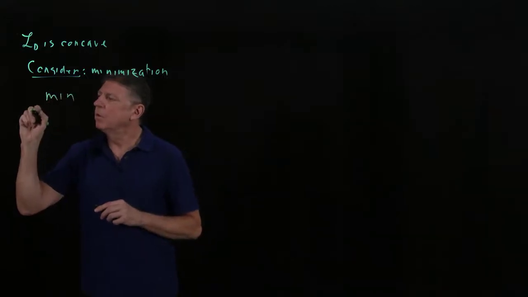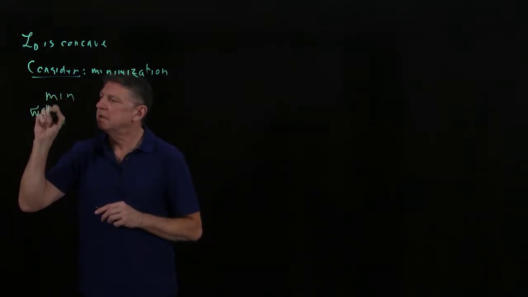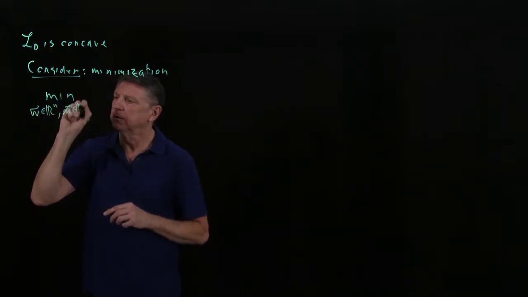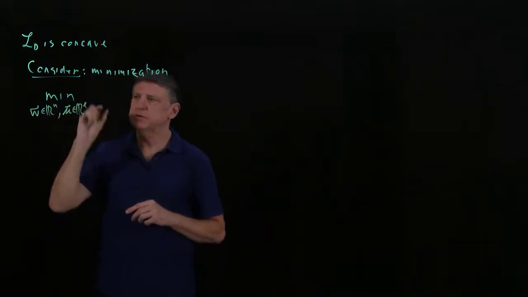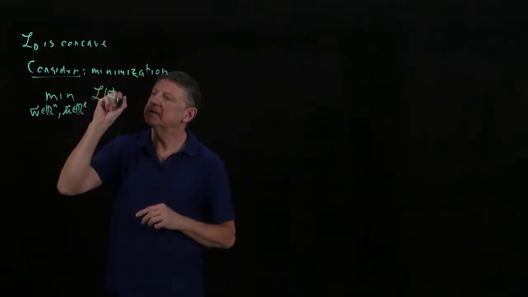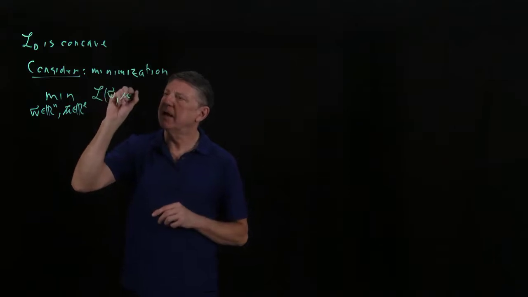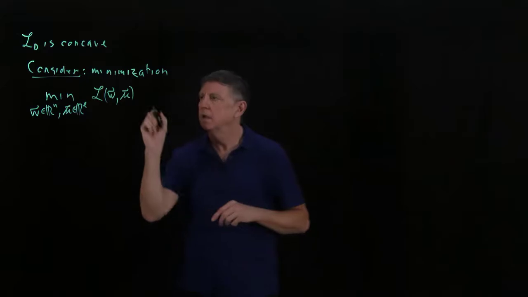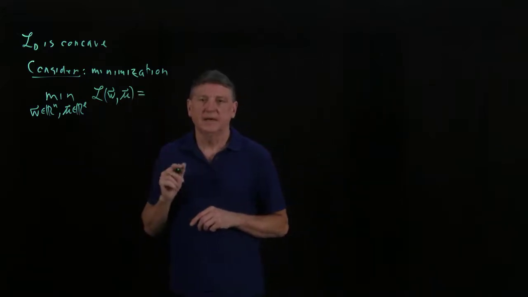The minimum over all vectors in the vector space and all possible Lagrange multipliers of the Lagrange function that has the vector argument and the Lagrange multipliers, we can now write this way.